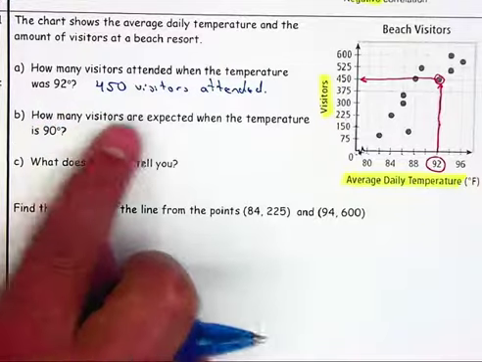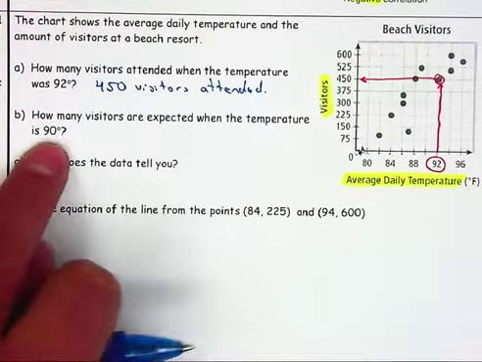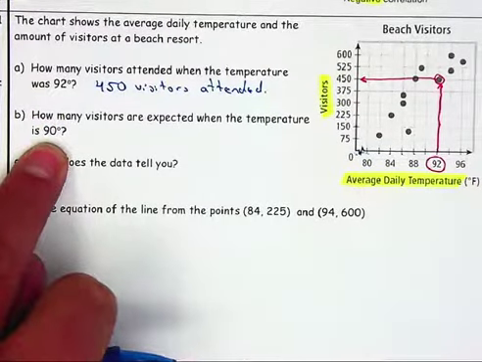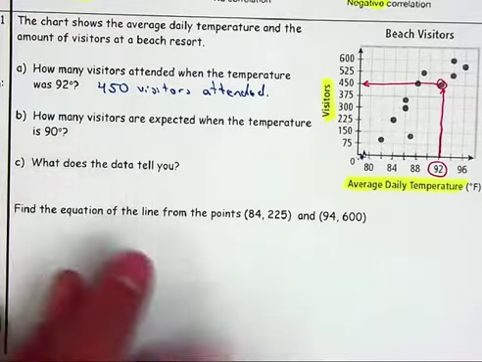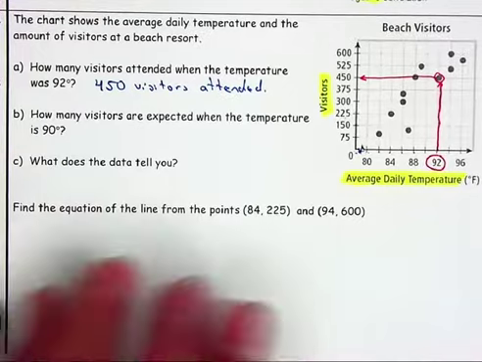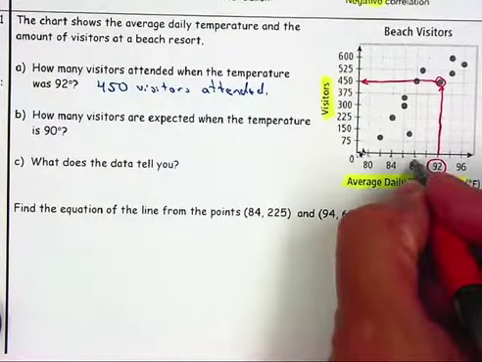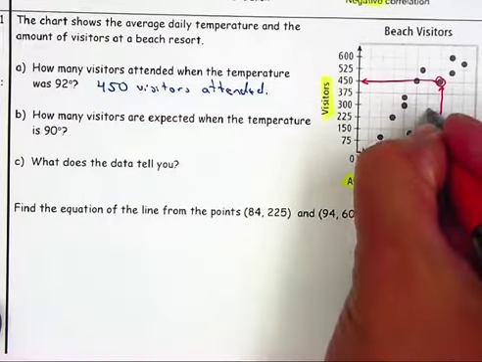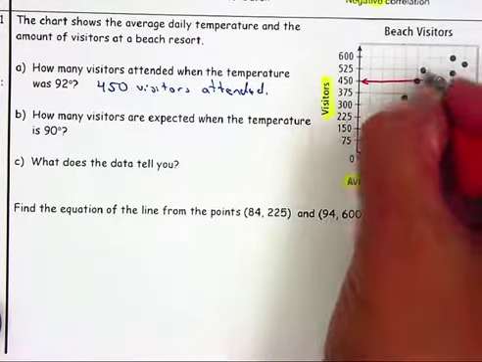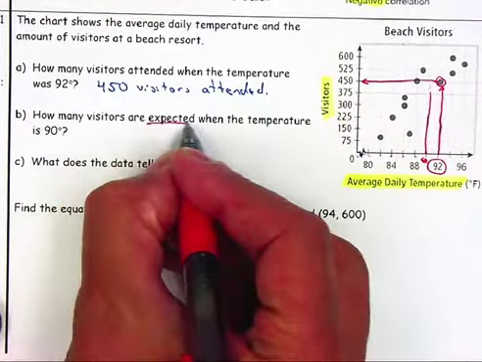How many visitors are expected when the temperature is 90 degrees? So see if you can answer that question yourself. 90 degrees. So yes, 88, 90 degrees is here. And if I go up, notice that there are no points on this line. And that's what they're asking you, how many are expected.